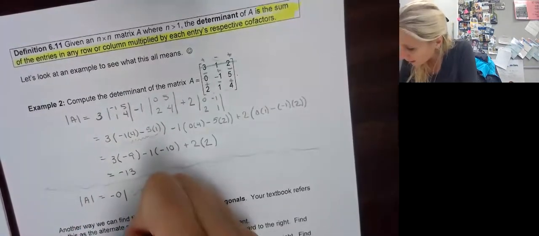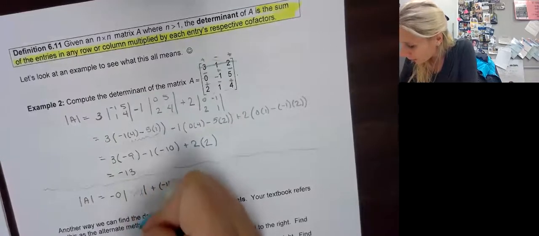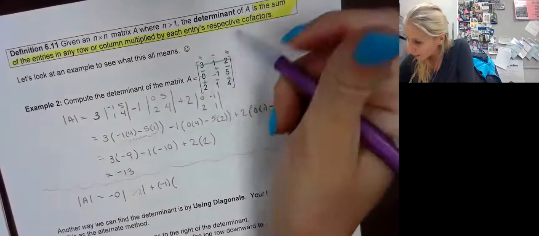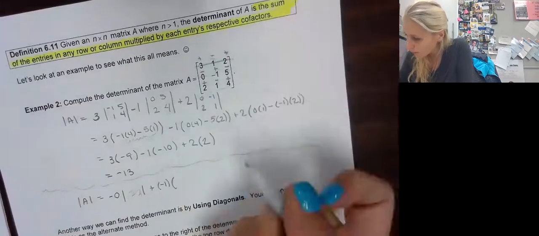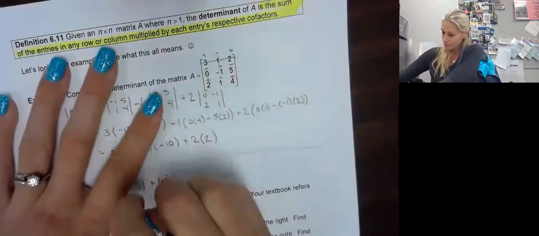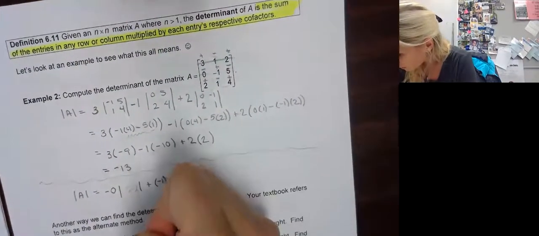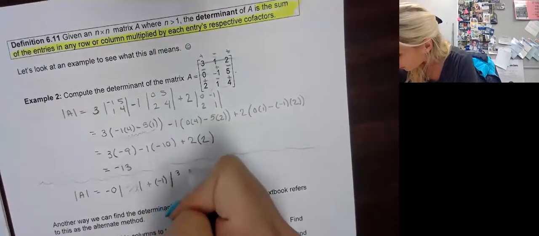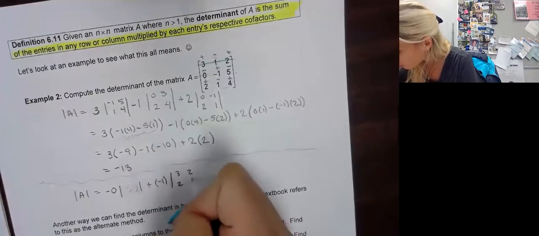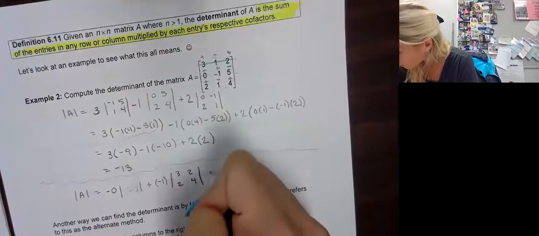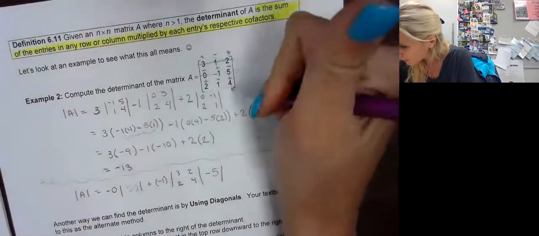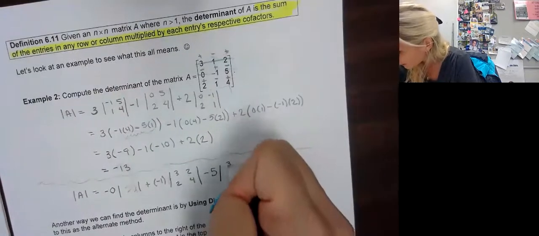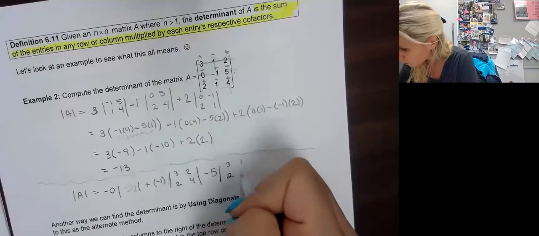Now I'm going to add this -1 times. If I cross out this row and the column of -1, I am left with 3, 2, 2, 4. And my last one right here, which would be -5. If I'm done with this row and this column, I'm left with 3, 1, 2, 1.